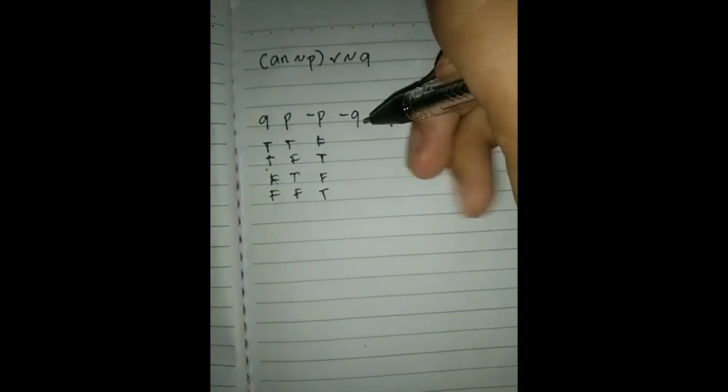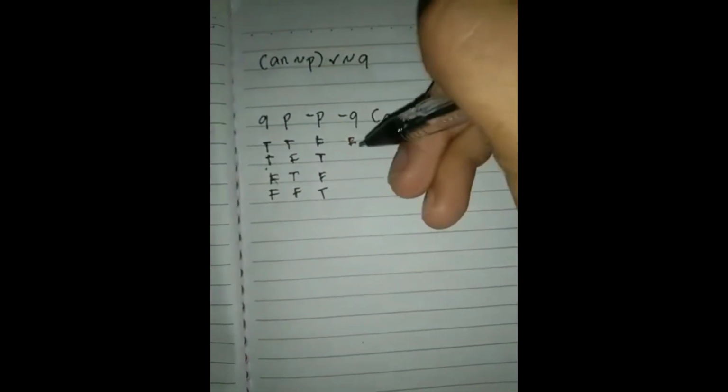So dito naman siya sa not Q, true, false, so magiging false siya, true, magiging false pa rin siya, tapos false, magiging true siya, and false, nauna yung false, so magiging false siya.